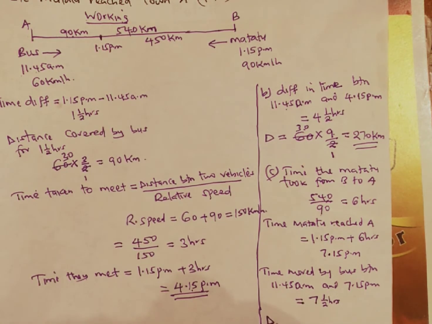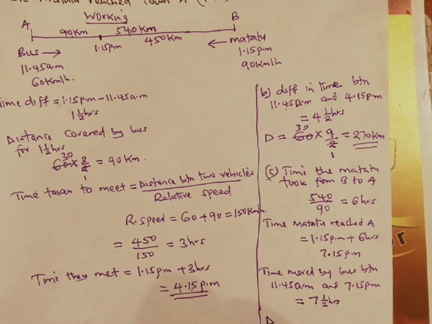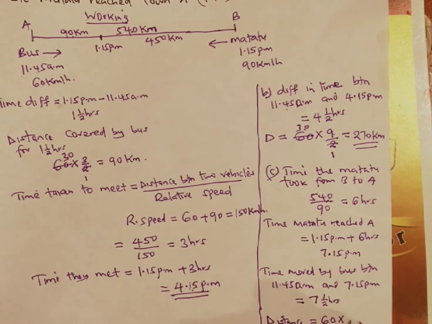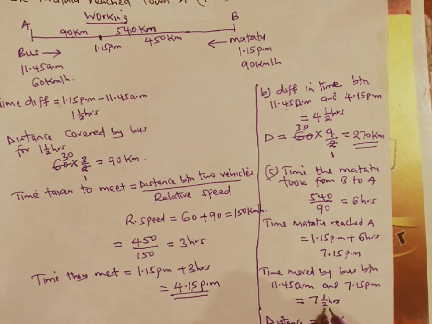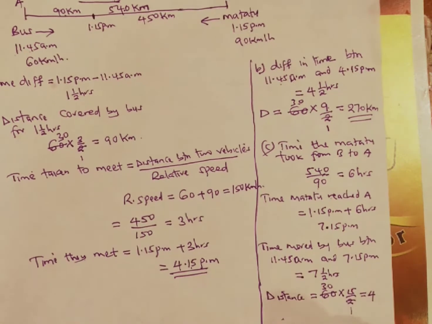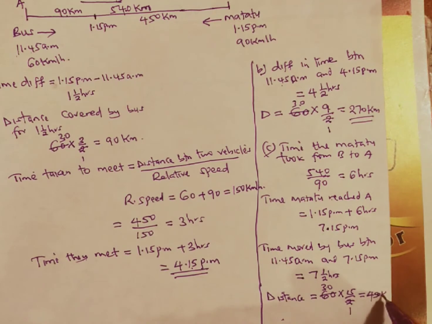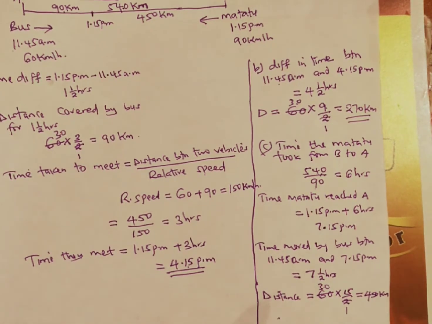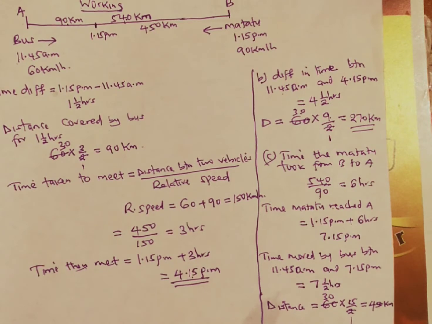The distance moved by the bus is equal to the speed of the bus, which is 60, multiplied by the time, which is 15/2. 2 goes into 60 thirty times, and if you multiply that by 15, this gives us 450 kilometers.